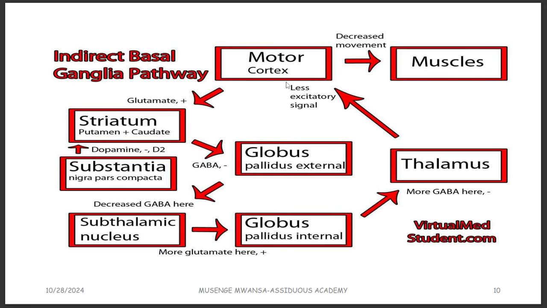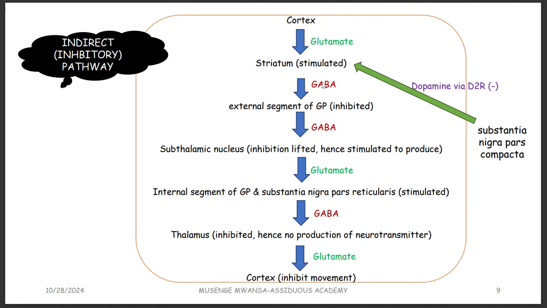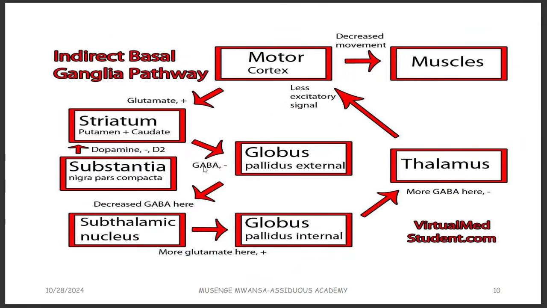You can see for the indirect pathway, the motor cortex is going to stimulate the striatum. The striatum is going to release its transmitter, but remember the striatum releases GABA, and this GABA is going to inhibit the globus pallidus. The striatum, remember we said, can as well receive information from the D2 receptors via the substantia nigra pars compacta.